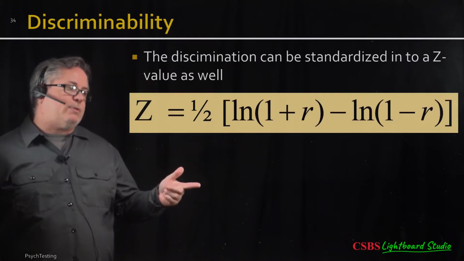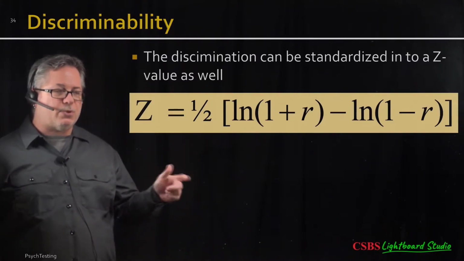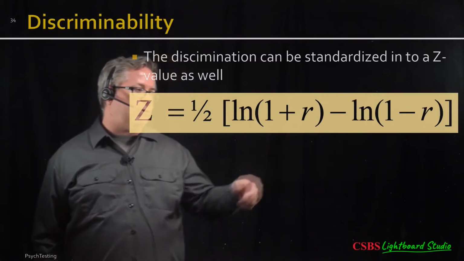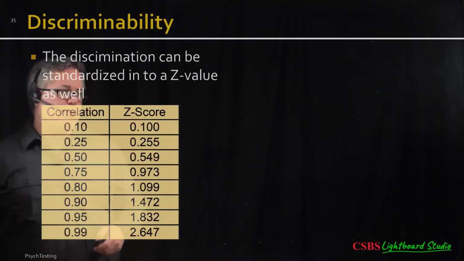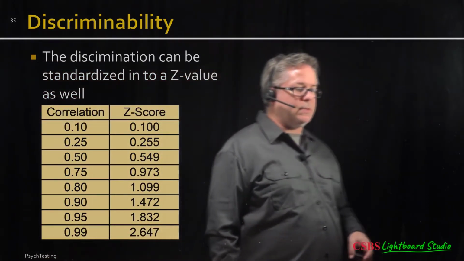If we want to take the item-total correlation, we can plug that number in. We can then transform it using the natural log function here, and put it into a format that is sort of a z-score method.